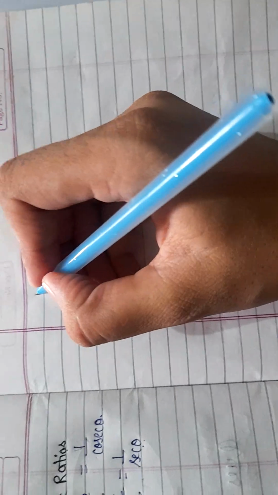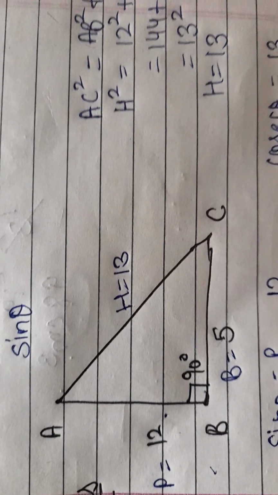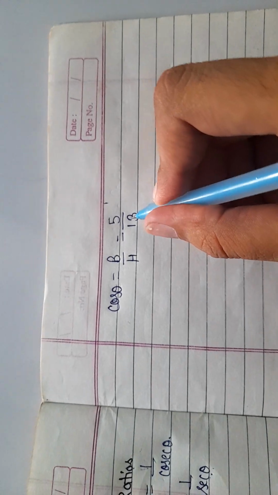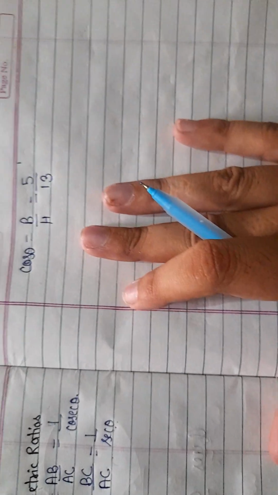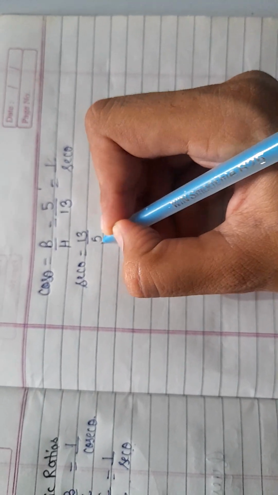Similarly, cos theta is base upon hypotenuse, as base is 5 and hypotenuse is 13, so cos theta is 5 by 13, and secant is the opposite of this, so secant theta equals 13 by 5.